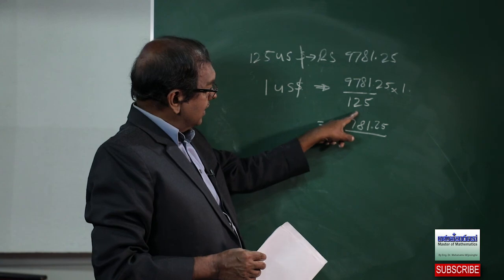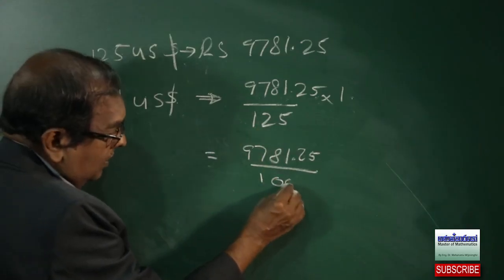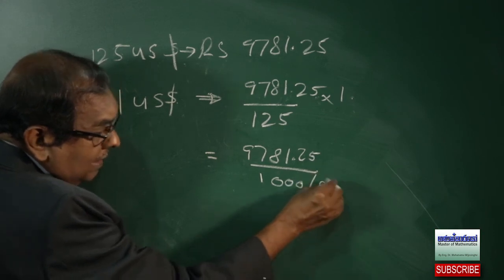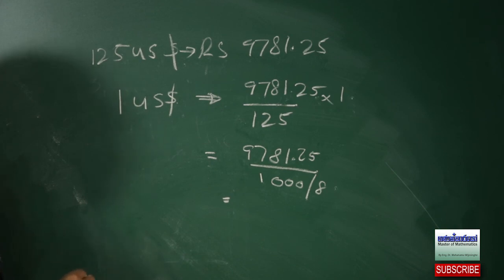Therefore, we can write 125 as 1000 divided by 8. This is one method only. You can use any method to get the answer.